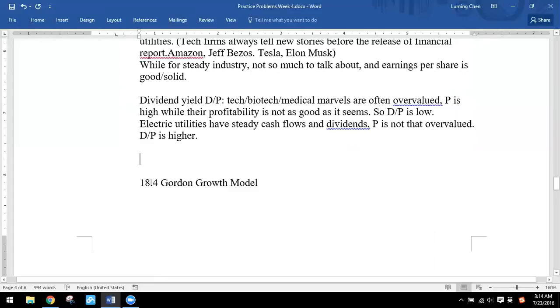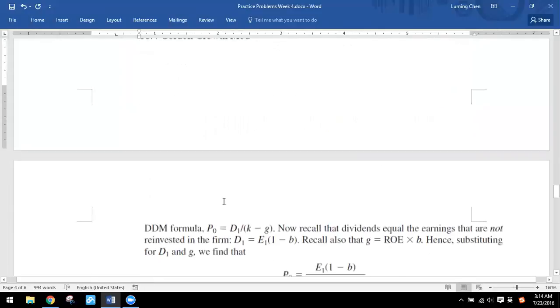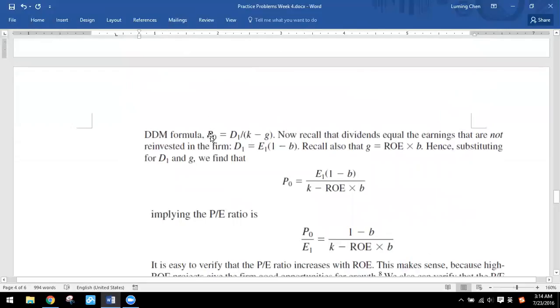For chapter 18, we review the constant growth model or the Gordon growth model first. So if we rewrite the constant growth model, the dividend is the earnings less the earnings that are not invested in the firm, this is the plowback rate. And the growth rate is the return on equity times the plowback rate.